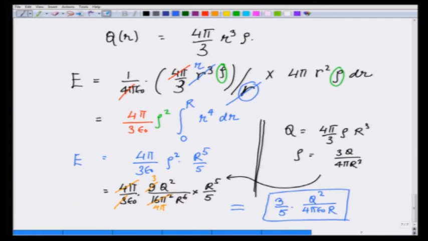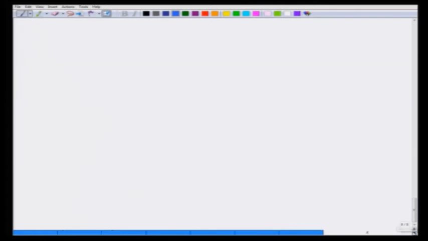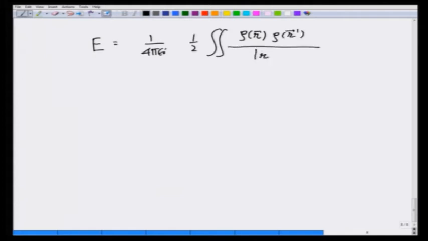Let us calculate it using the other expression that we had derived, where we had said that energy is also given as 1 over 4 pi epsilon 0 times 1 half integration rho of r prime over |r minus r prime| dv prime. One point, I sometimes keep writing dr for dv and dr prime for dv prime.